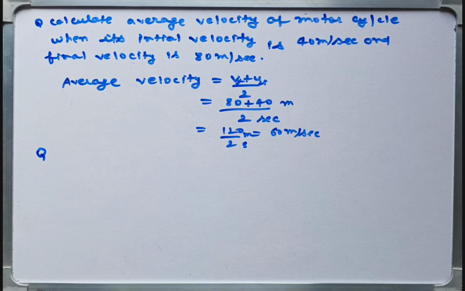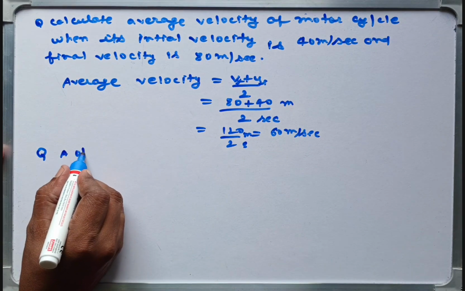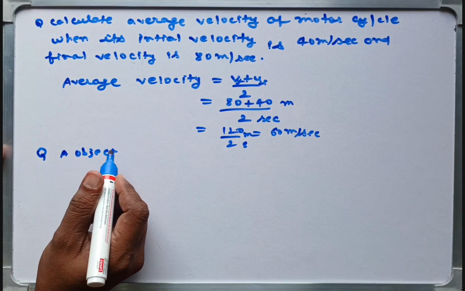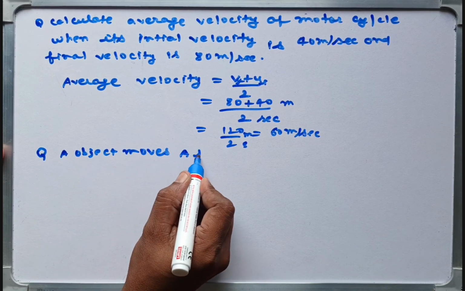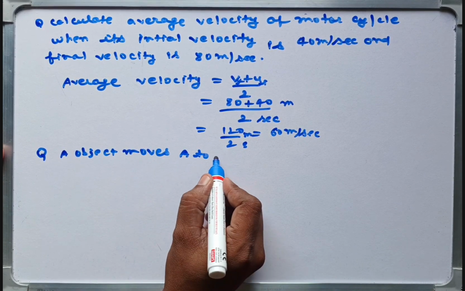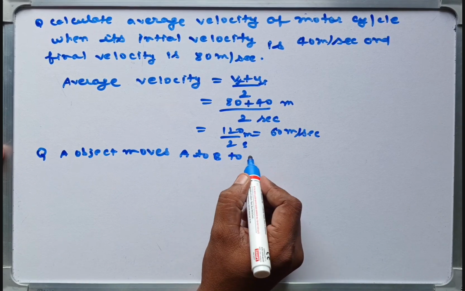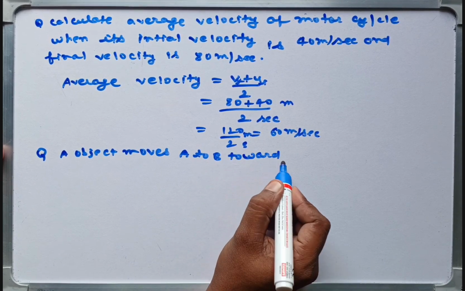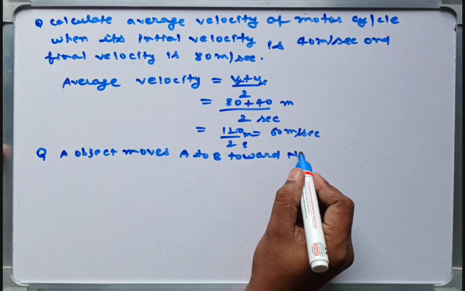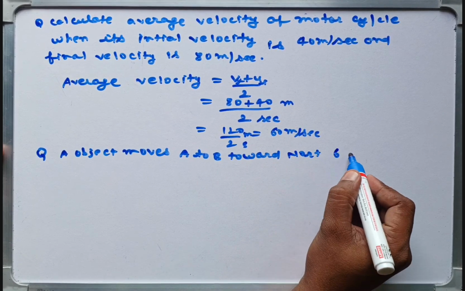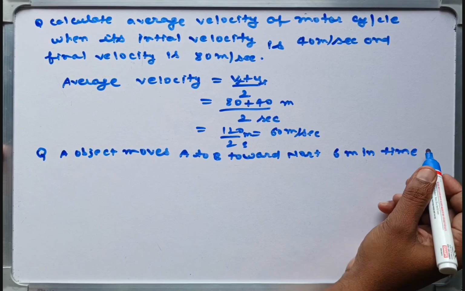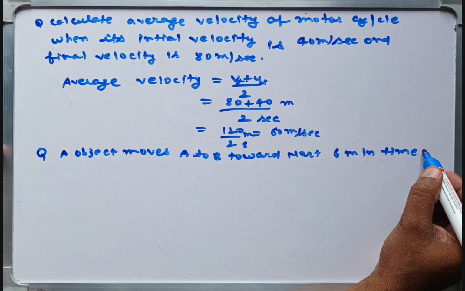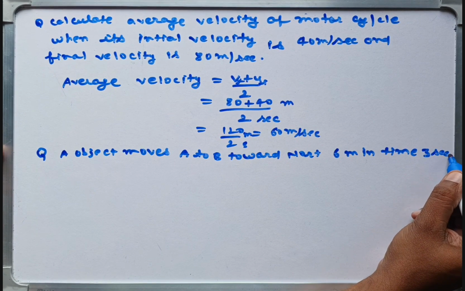Suppose an object moves from A to B towards north 6 meter in time, say, 3 seconds.